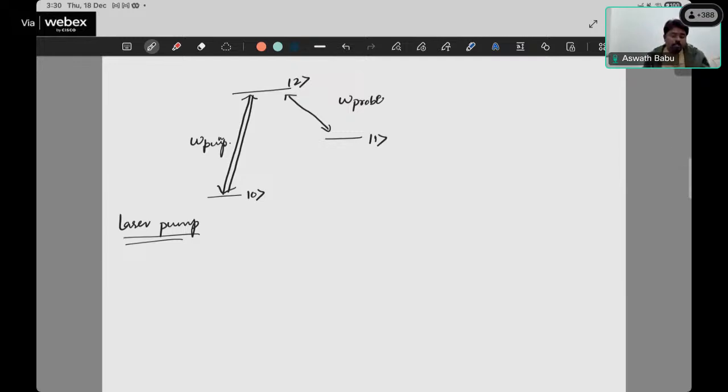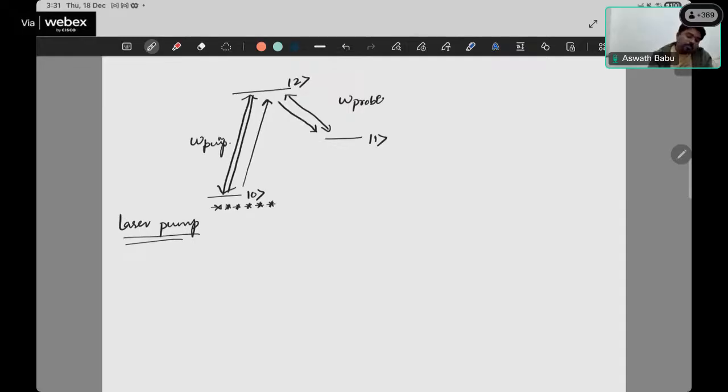Now, using a pump and probe, whatever atoms or electrons are at the ground level, I can push them, maximally, to level 1. One electron from 0 to 1 is pushed with a pump, and from level 2 to level 1 I can push with a probe.